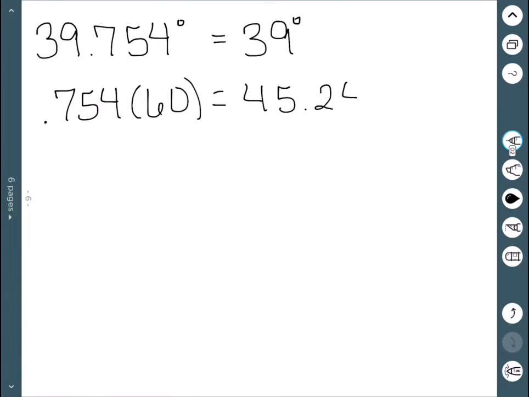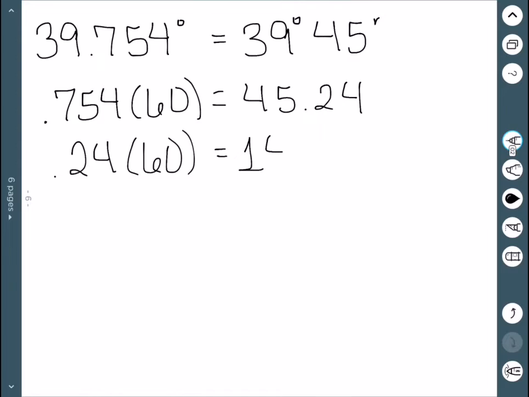And once again, we take the whole number part of this, and that's going to be the number of minutes. Taking the decimal part and multiplying by 60 again gives us 14.4. And that tells us our seconds. We have 14.4 seconds.